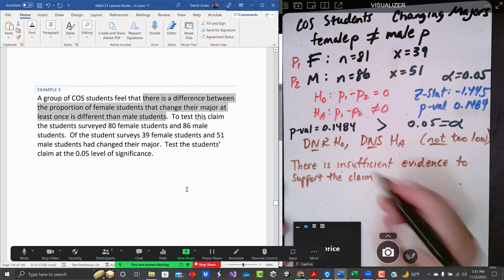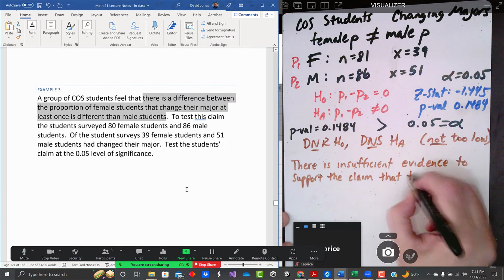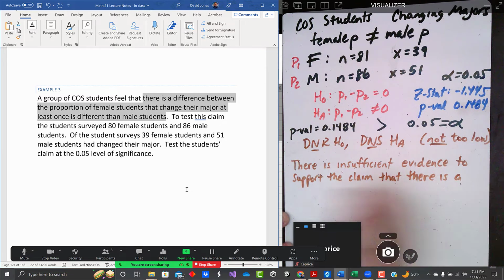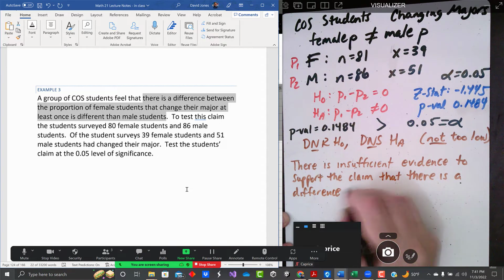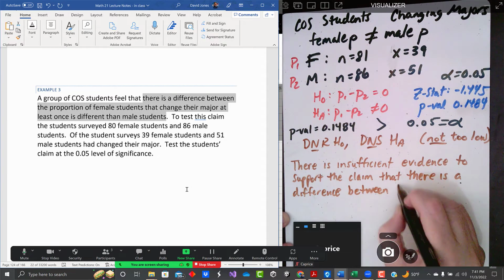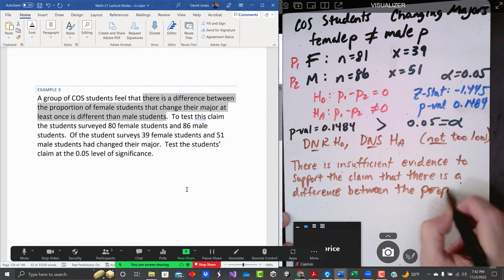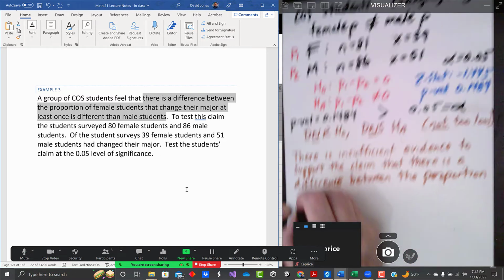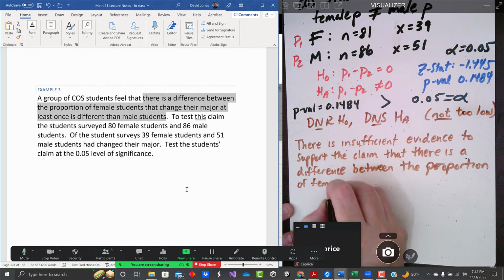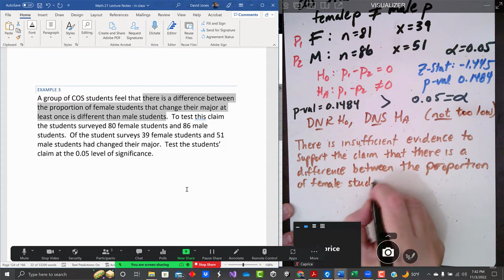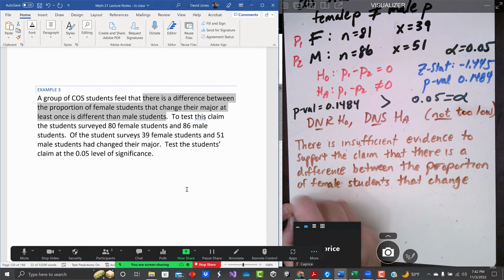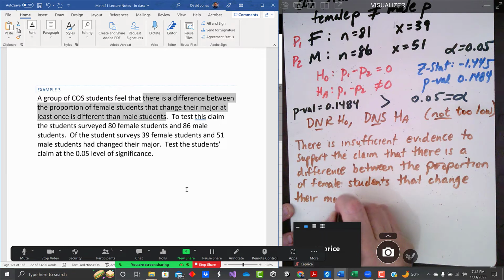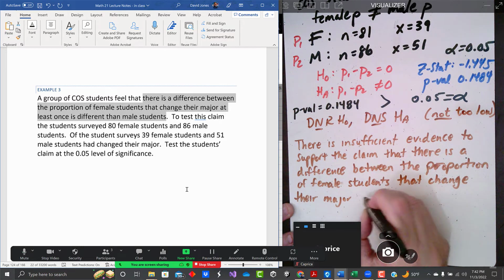Right from the screen that there is a difference between the proportion of female students that change their major at least once.